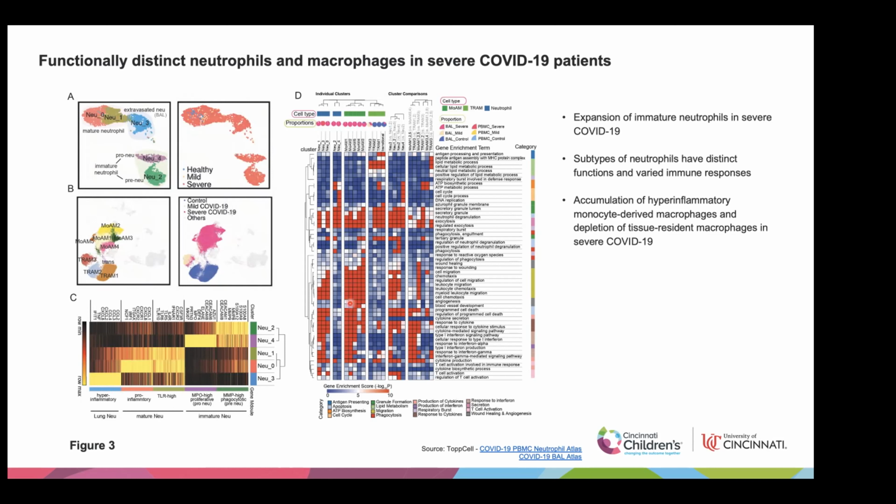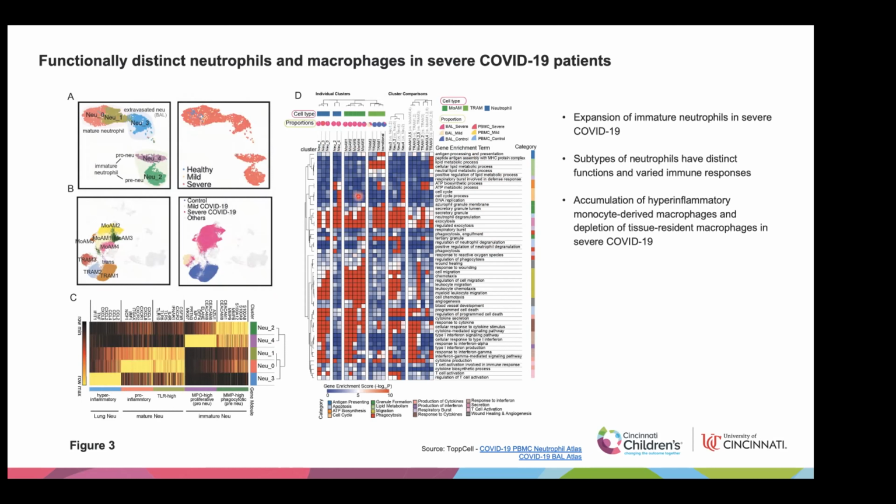Sorry, this view has too much information, but the basic point is that on the rows, we select the immune-related or inflammatory-related pathways, in different categories. And we can show the enrichment score using ToppCluster for all those subtypes of neutrophils, as well as subtypes of macrophages, and compare side by side.